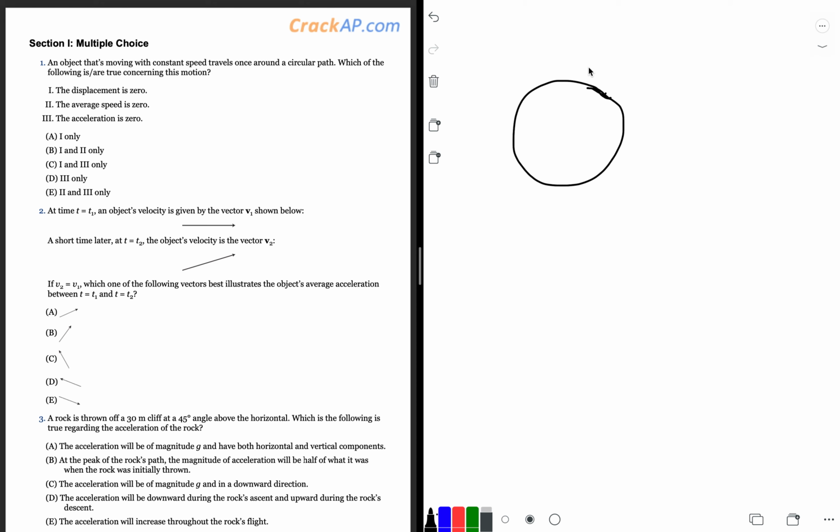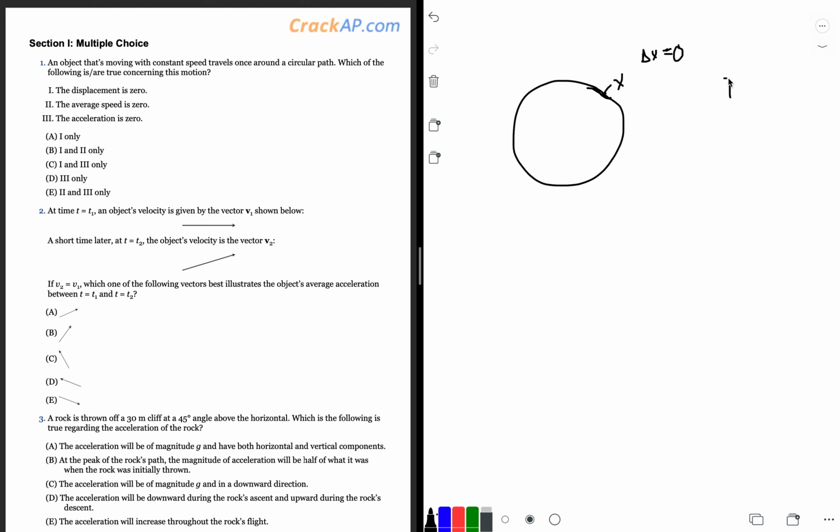Well, the final position we can say is 0 or x. That's where it starts, and that's where it ends. So the change in position is 0. Therefore, the displacement is also 0, as that is what displacement is. It's the change in position. So we know that I is true.